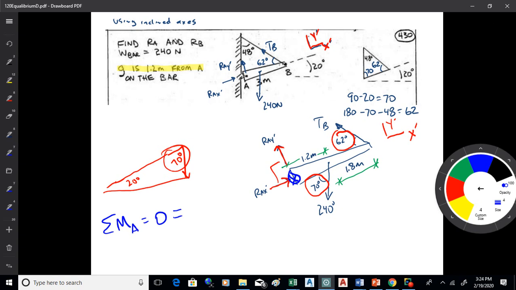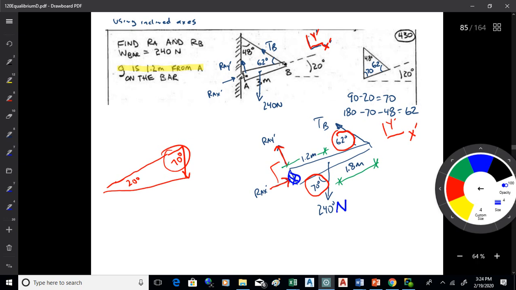Sum of moments about A is 0. You've got that 240 Newton force. And then you got the tension at B. So there's only 2 terms in this. See, that's why I like to do this.